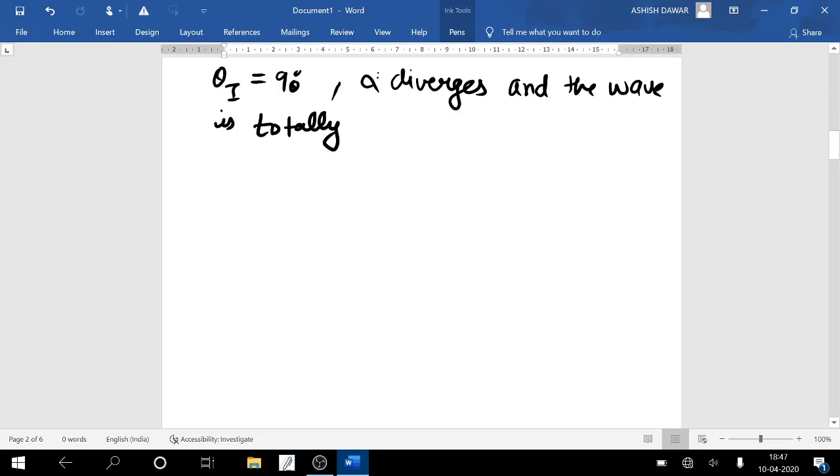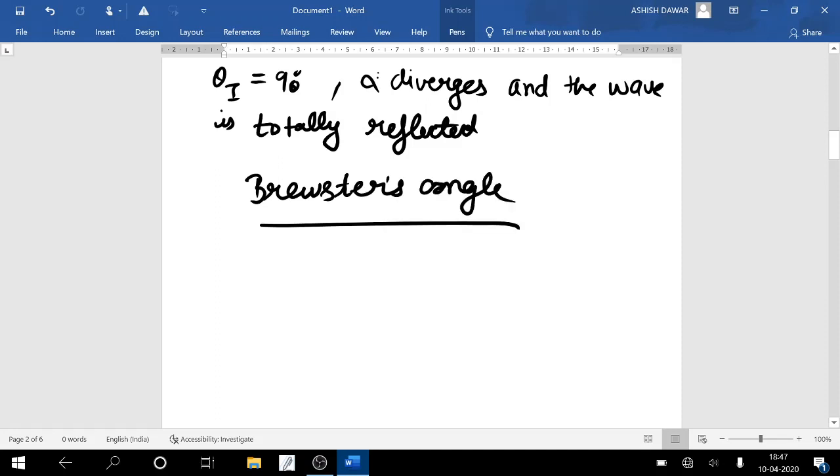For polarization parallel to the plane of incidence, there is an angle of incidence called Brewster's angle, for which there is no reflected wave.